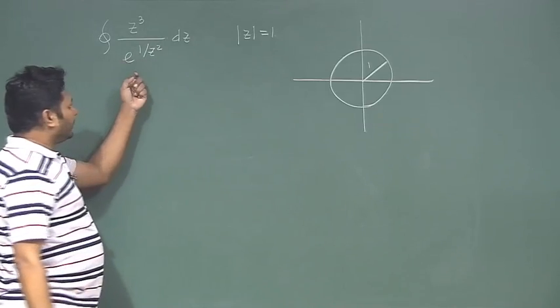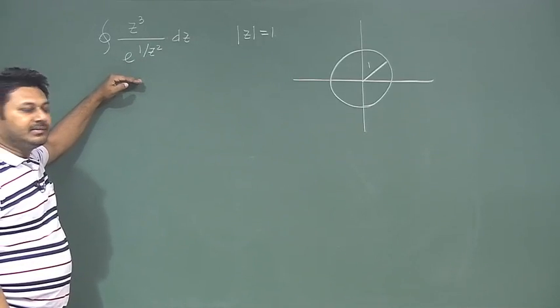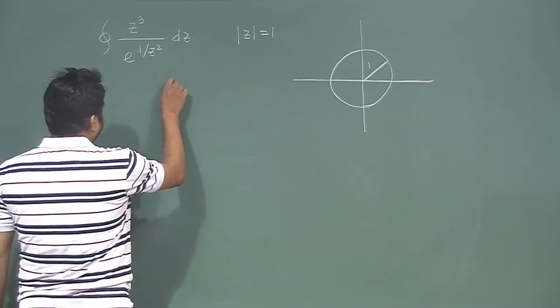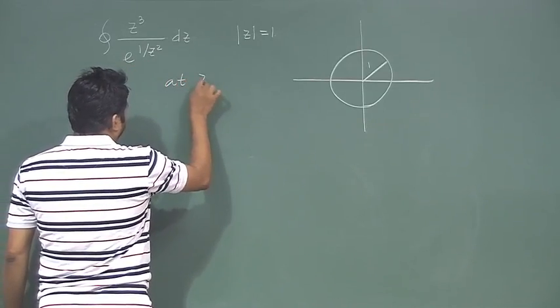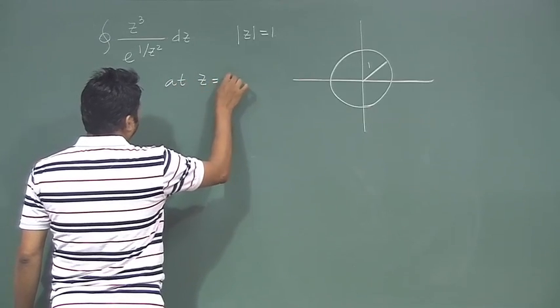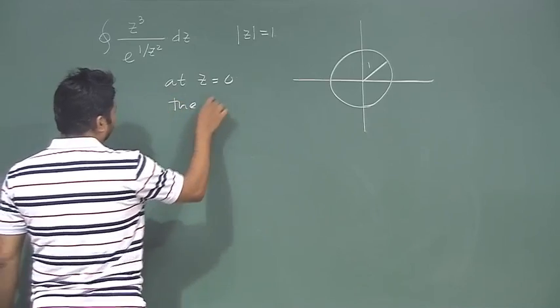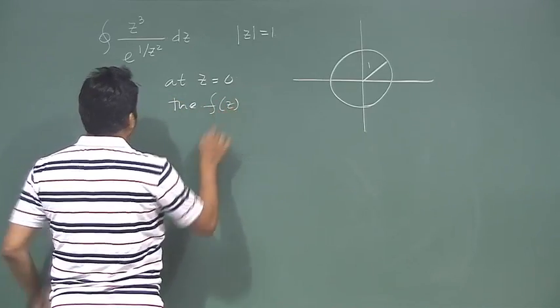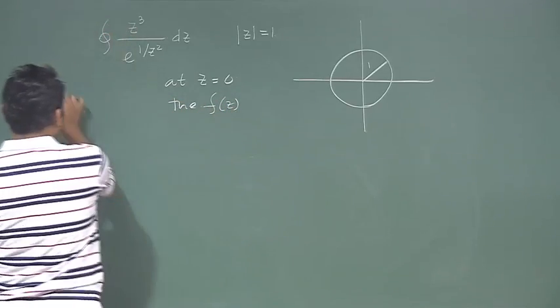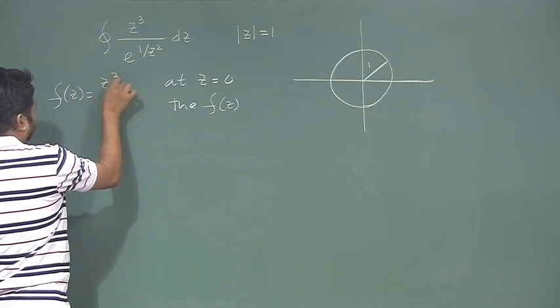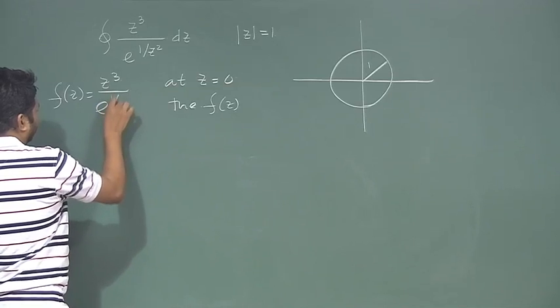Now we need to first find out where the singularity of this function is. Obviously, at z equal to 0. The function f z is z cube times e to the power 1 by z square.